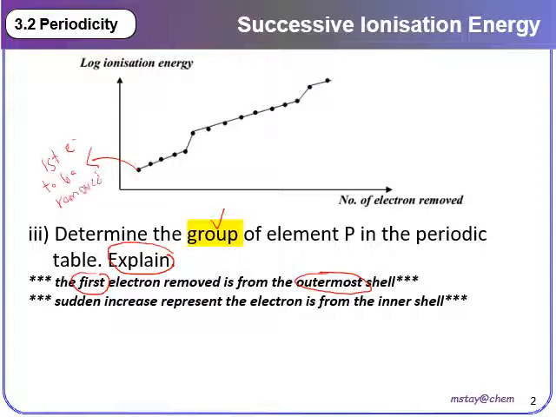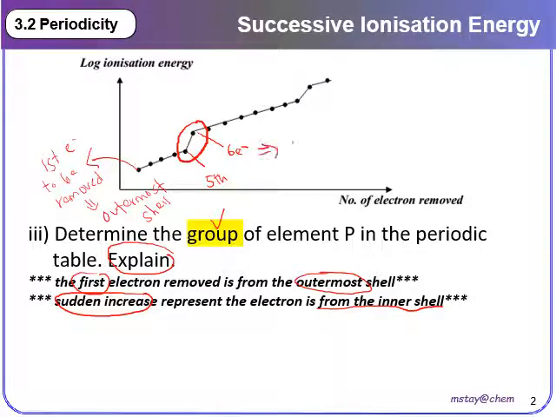Then, if there is a sudden increase, it means the electron is from the inner shell. We can spot that the sudden increase is in this part. First electron removed, second, third, fourth, fifth, and this is the sixth electron. So this sixth electron is from the inner shell.